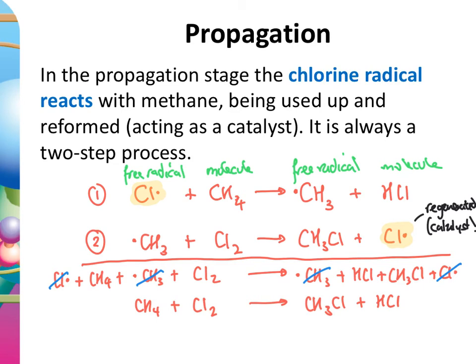And so what actually happens as far as propagation is concerned is we get a chain reaction. One chlorine free radical can end up resulting in a lot of propagation steps taking place.